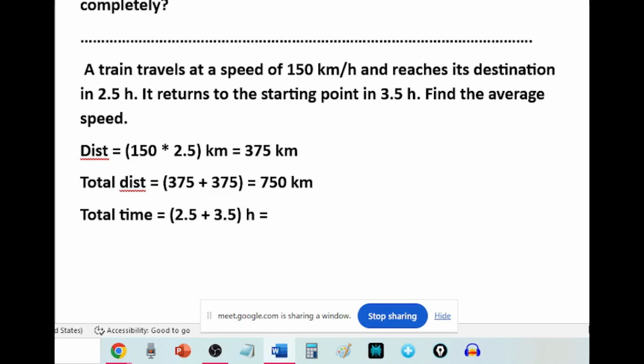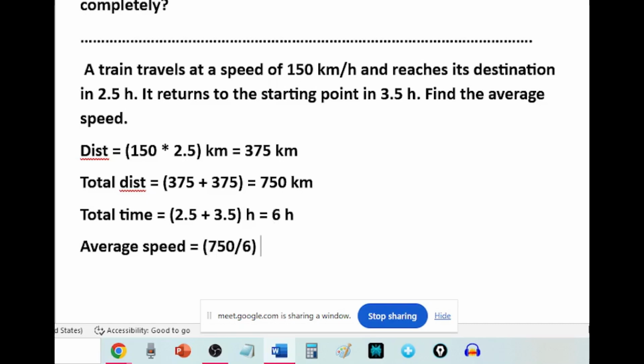That is 6 actually. 6 hours. Now you can find average speed as total distance by total time. Total distance 750 divided by total time 6. So this will be kilometers per hour.